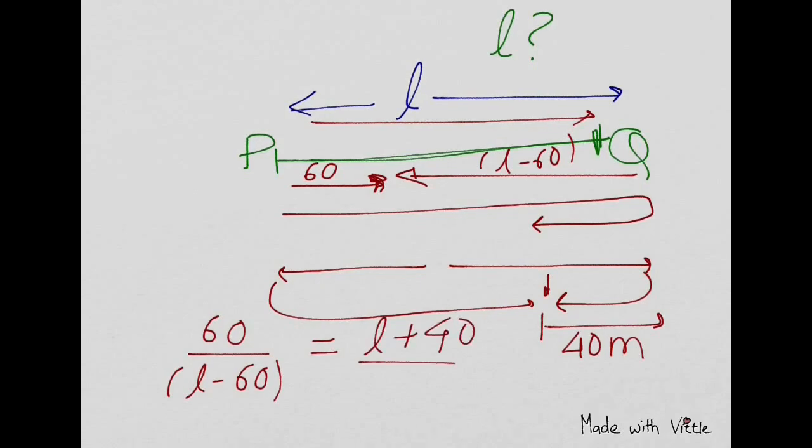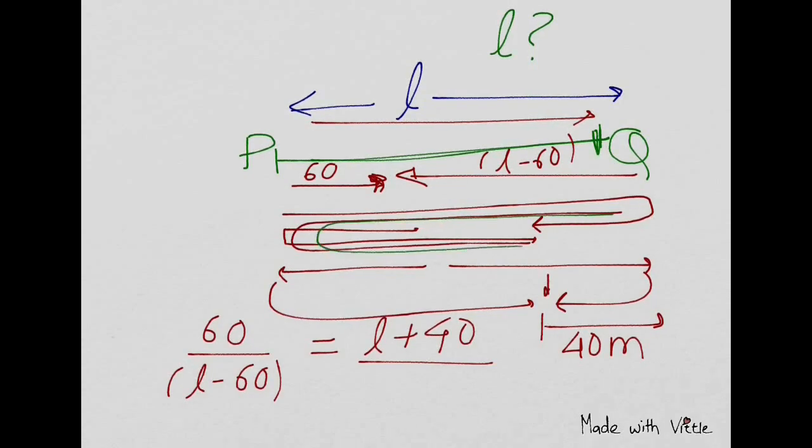And B, who was here, moved here and then came till here. If you consider the entire 2L and subtract this part, you get 2L minus 40.